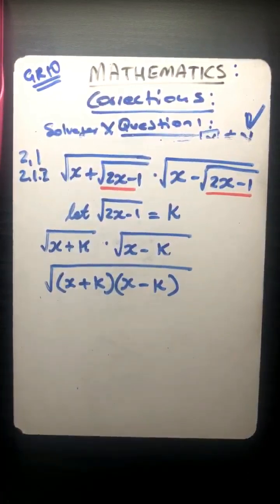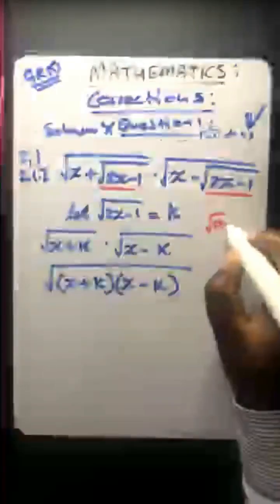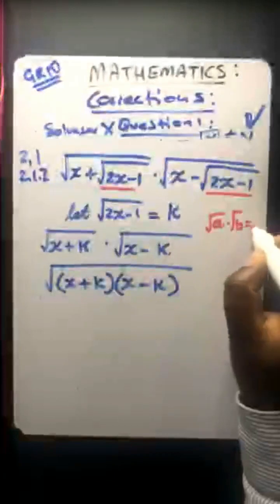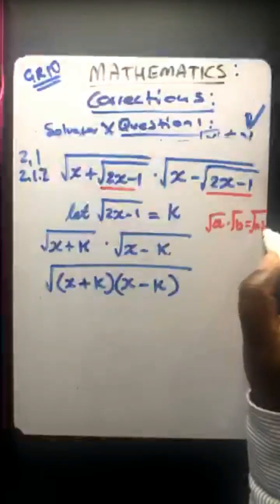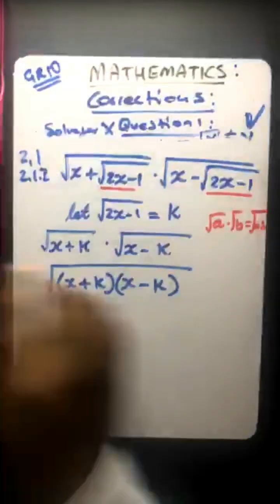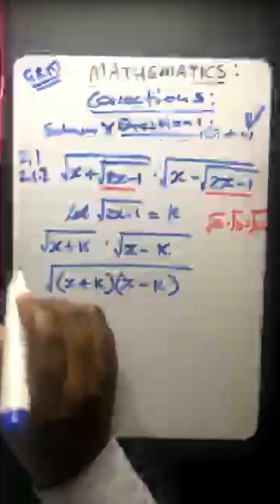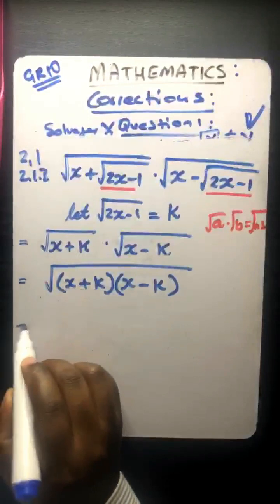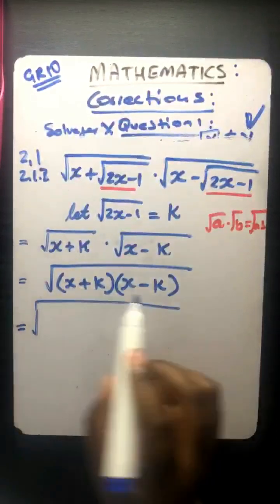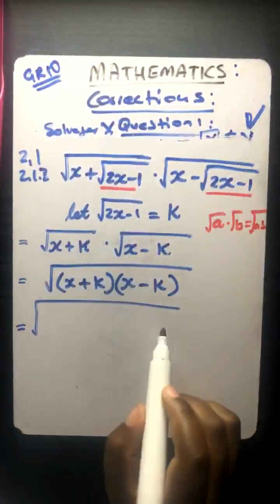Yes, it is that law which says if you are having, let's say, a times square root of b, it is the same as just one square root of a times b. So I've written it as that. Maybe I wanted to work out something: what is that by that, by that, by that.